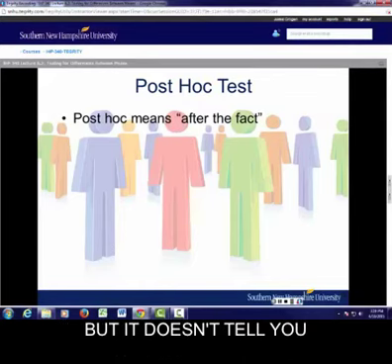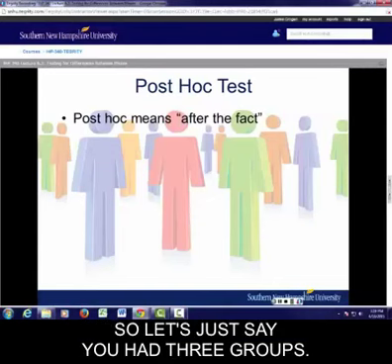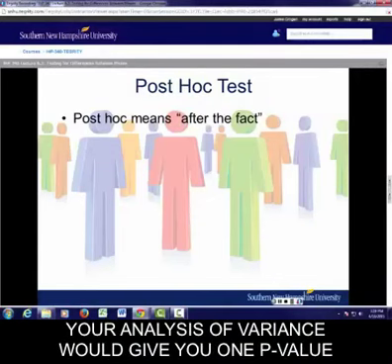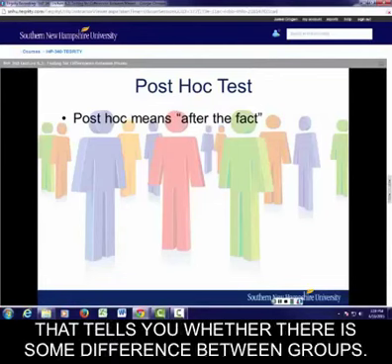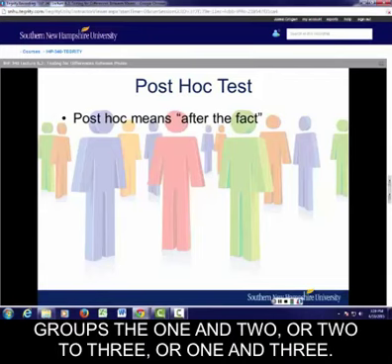But it doesn't tell you specifically which groups are different. Let's say you had 3 groups. Your analysis of variance would give you one p-value that tells you whether there is some difference between groups. It doesn't tell you if it's different between groups 1 and 2, or 2 and 3, or 1 and 3.